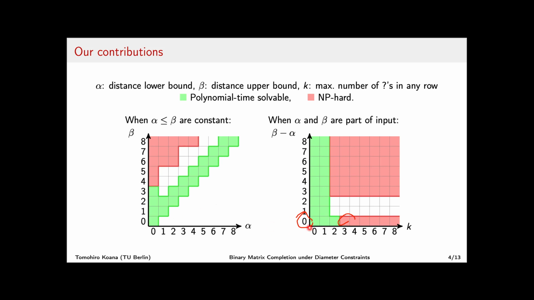So in the remainder of my talk, I'm going to show part of the results. In particular, I'm going to focus on the two polynomial time solvable cases, namely when alpha is equal to 0 and beta is equal to 2, as well as when alpha and beta are both equal to 2.